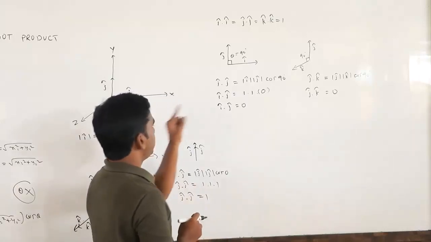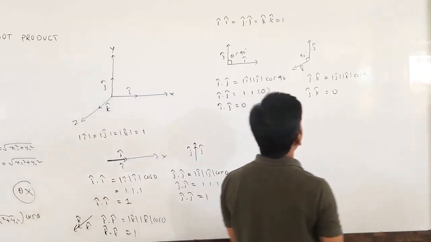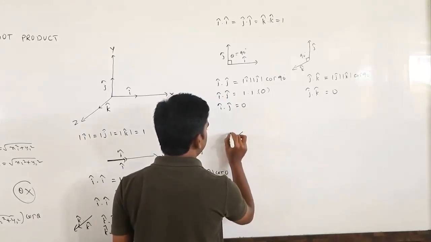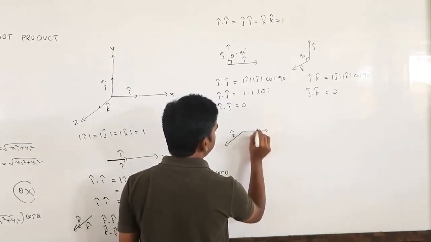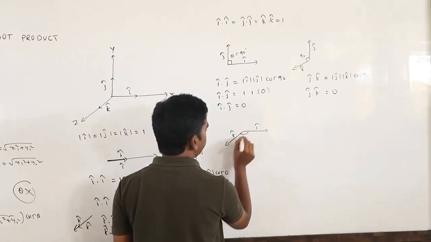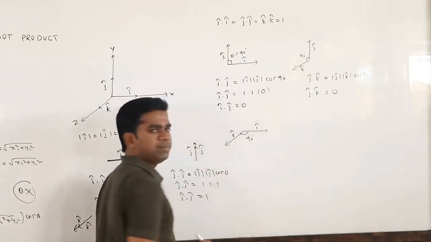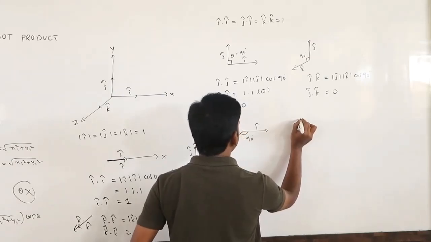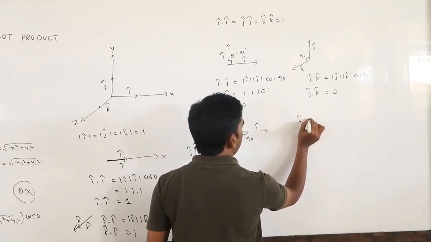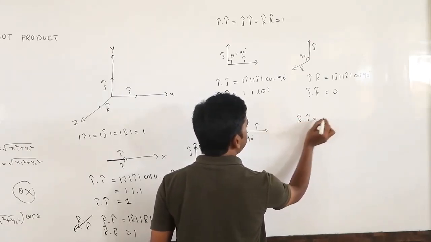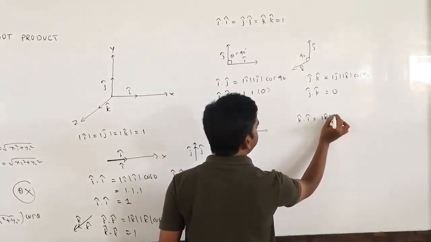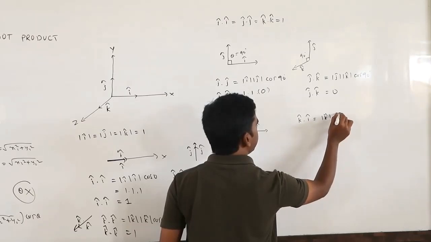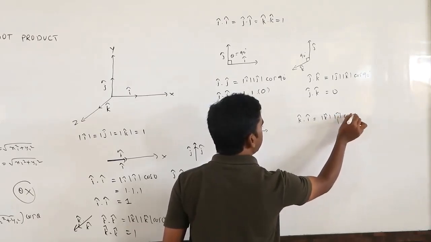Then k cap dot i cap. What will be k cap dot i cap? So this is your k cap, and this is your i cap. What is the angle between them? Again, the angle between them is 90 degrees. So you can write k cap dot i cap is equal to magnitude of k cap, magnitude of i cap, cos of 90 degrees.